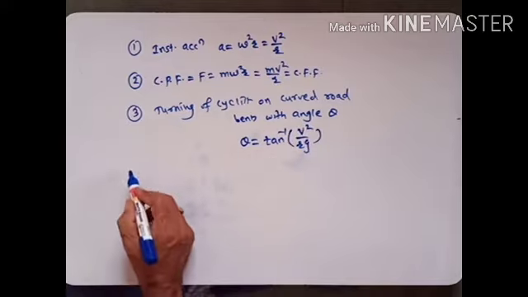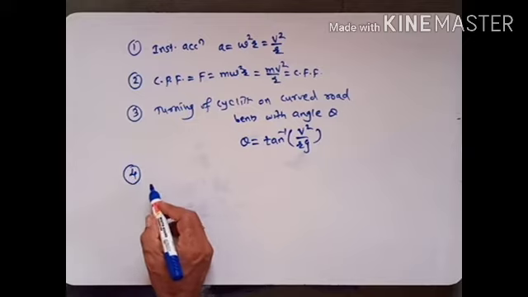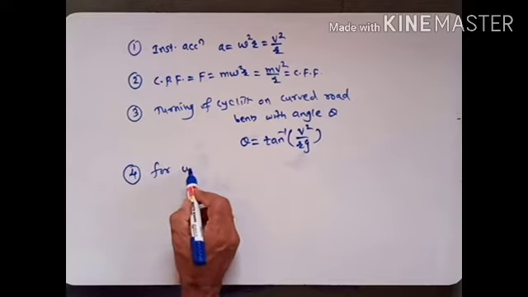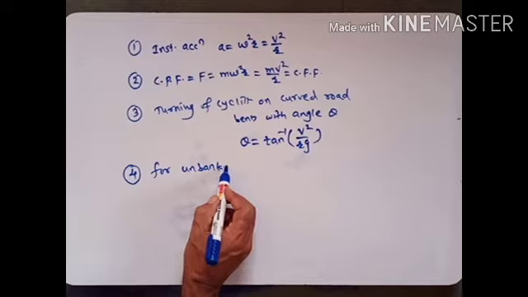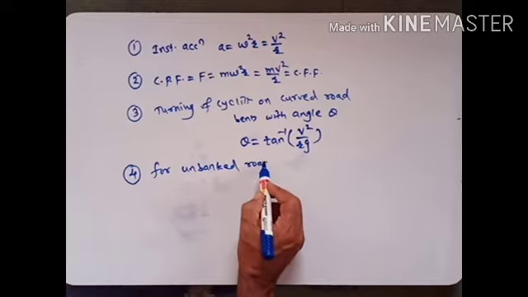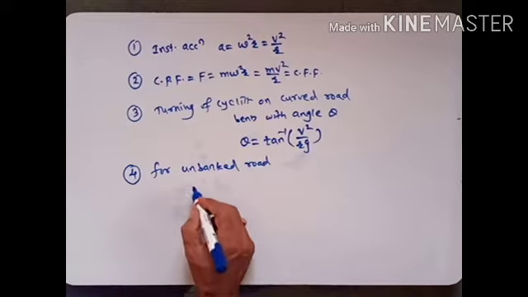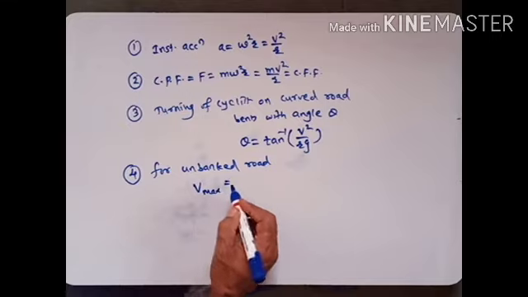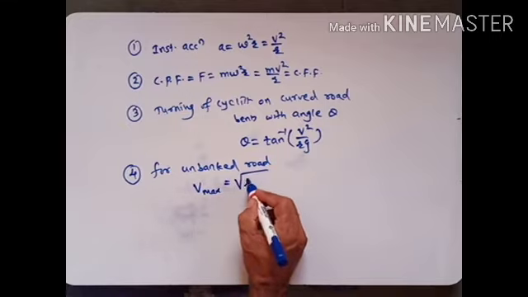This is another formula. Now fourth point, for unbanked road, Vmax is equal to root mu rg.